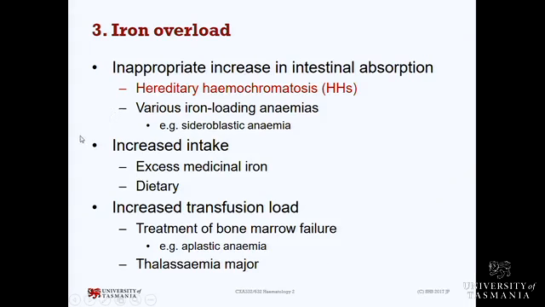The other forms of iron overload, where we look at increased intake of iron and increased transfusion load, would both be considered acquired conditions of iron overload. In all of these conditions, for various reasons, we have too much iron in the body. And too much iron is not a good thing, because iron is quite a reactive ion and it tends to cause all sorts of oxidative damage within the body.